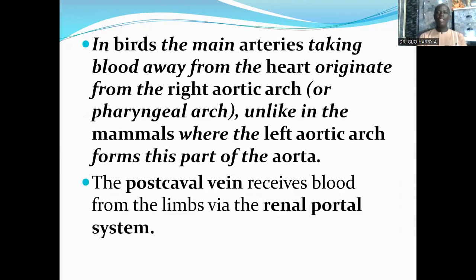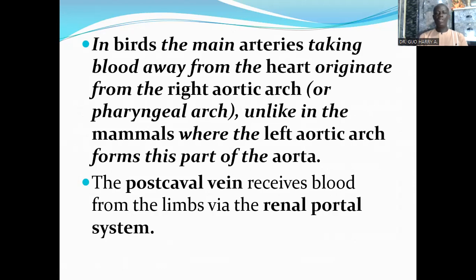In birds, the main arteries taking blood away from the heart originate from the right aortic arc or pharyngeal arc, unlike in the mammals where the left aortic arc forms this part of the aorta.